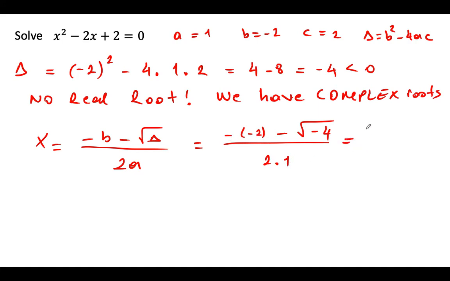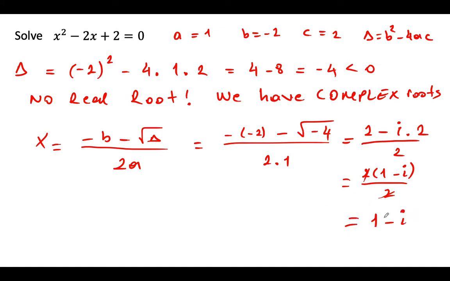So negative and negative will be 2, minus root negative 4, which could be expressed as square root of negative 1 times square root of 4, so it will be i times 2, divided by 2. If we take 2 common, 1 minus i, divided by 2, and then if we simplify, 1 minus i. So when x is 1 minus i, the other x will be 1 plus i.